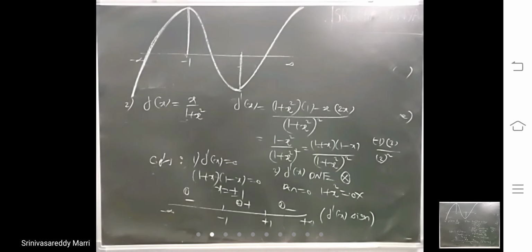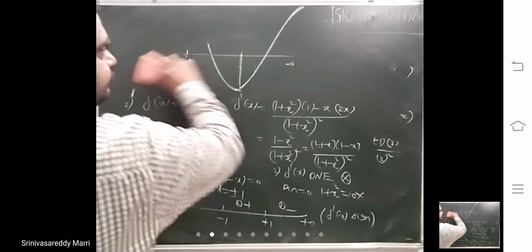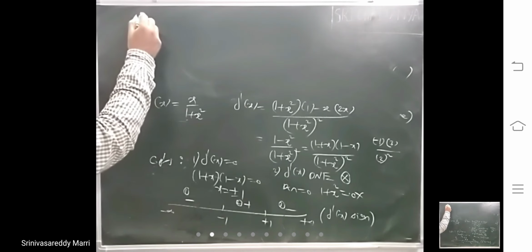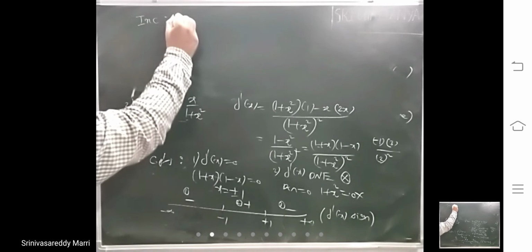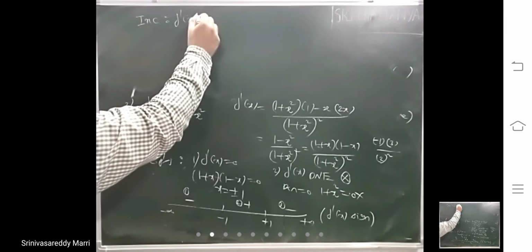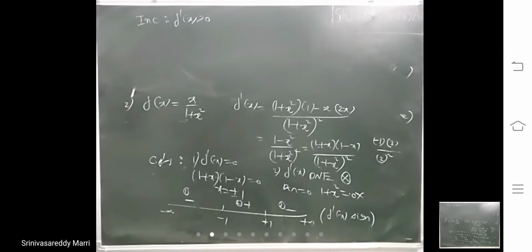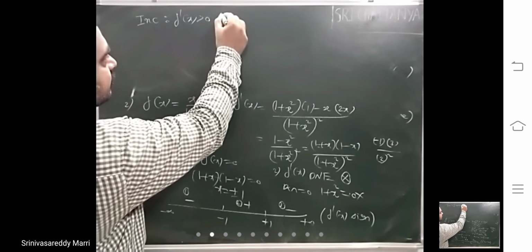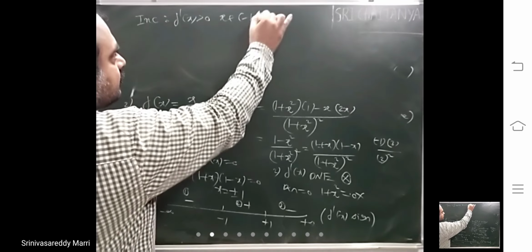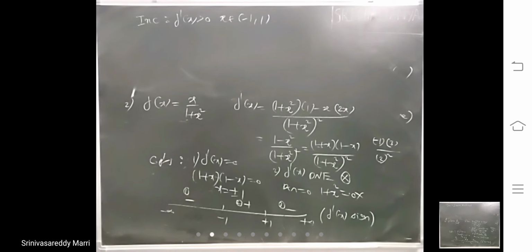Increasing intervals means f dash x greater than 0, that is minus 1 comma 1.